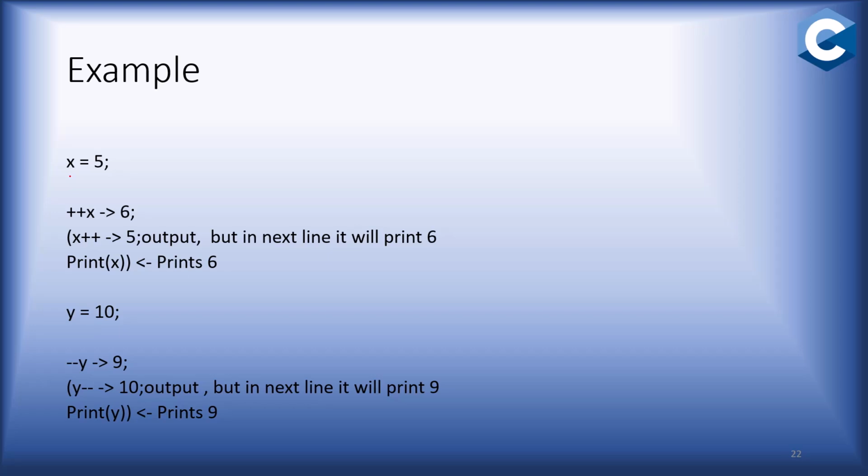It's crucial to understand the difference between prefix and postfix operators. They might seem like subtle variations, but the order of evaluation matters. Prefix operators change the value before use, while postfix operators change it after use. Increment and decrement operators are widely used in loops, conditional statements, and various calculations.